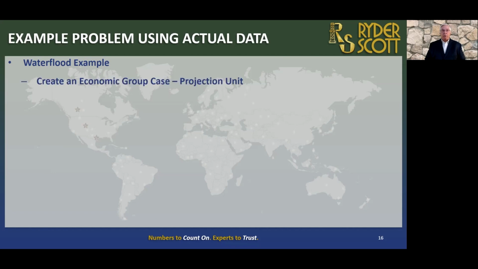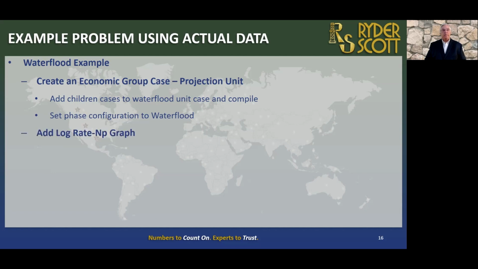We're going to create a group case, and it'll be a projection unit. We'll add the children cases to that water flood unit case, and we'll compile. We'll set the phase configuration to water flood. We'll add a log rate cumulative oil graph.